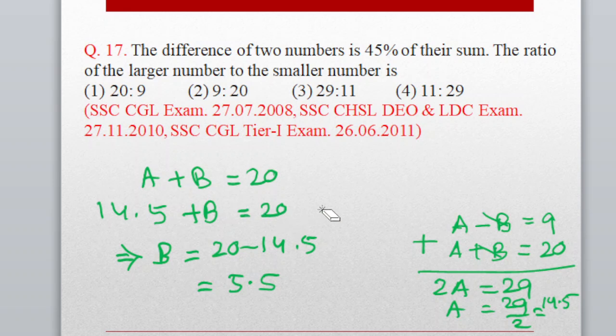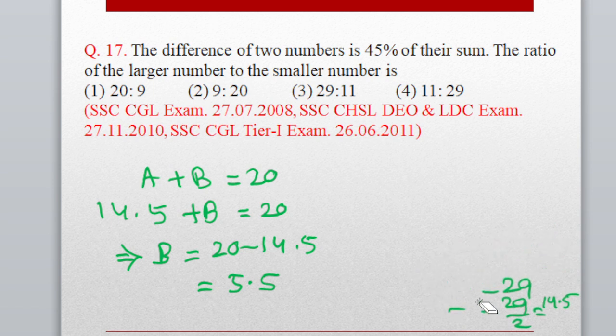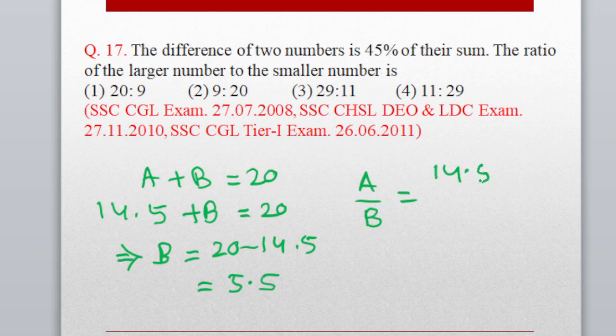Here larger number is A, that is 14.5, and smaller number is B, that is 5.5. So A by B is equal to 14.5 divided by 5.5.